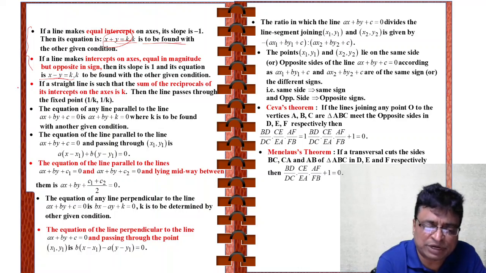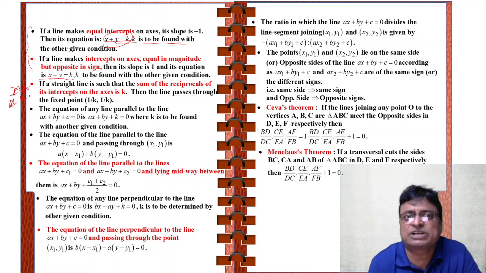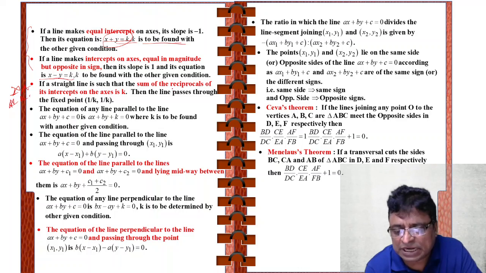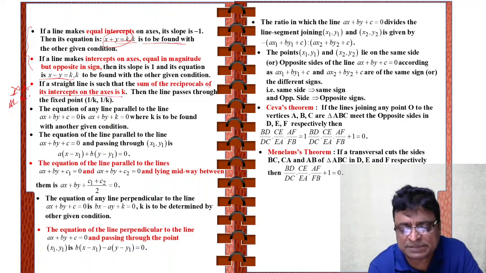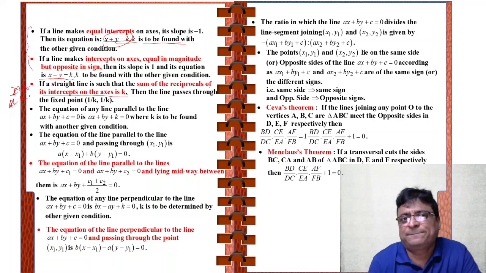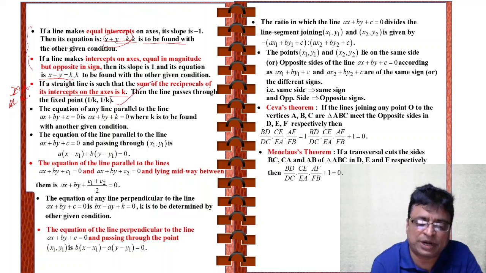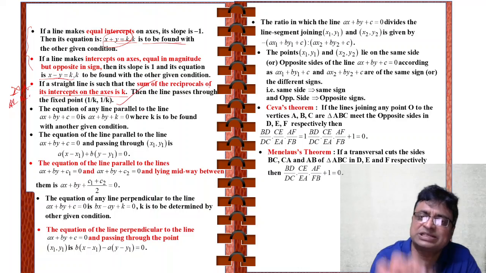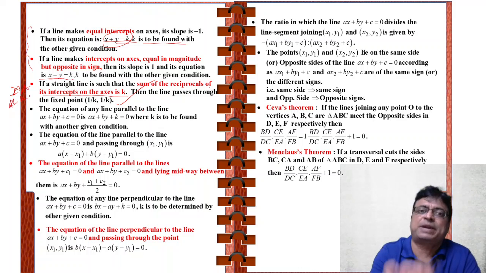And coming to this one, this is very, very important, and questions were repeated several times on it. If a line is such that the sum of the reciprocals of the intercepts on the axes is k, then the line passes through the fixed point (1 by k, 1 by k). The proof is also important, and moreover this result is also important. You practice it as a formula.